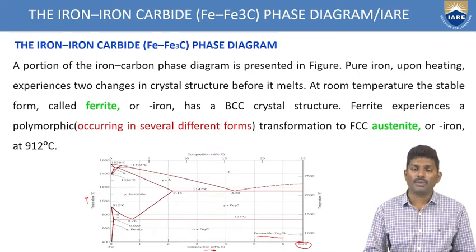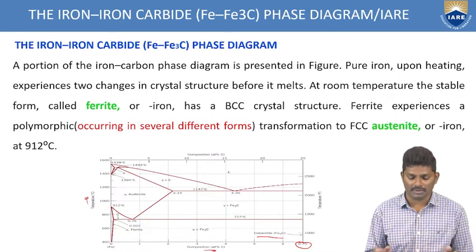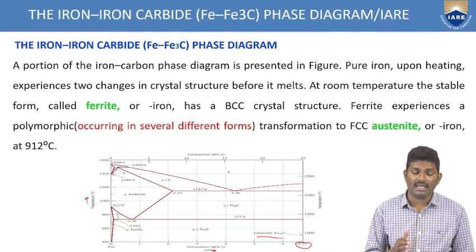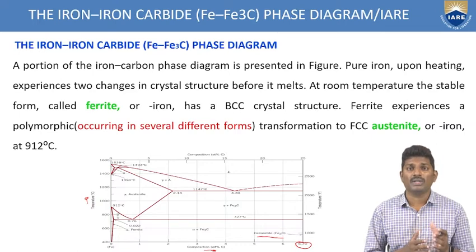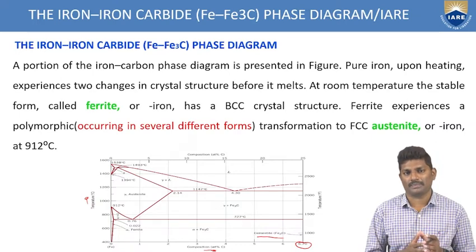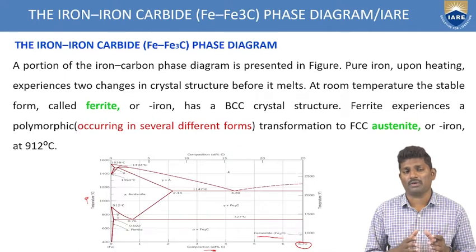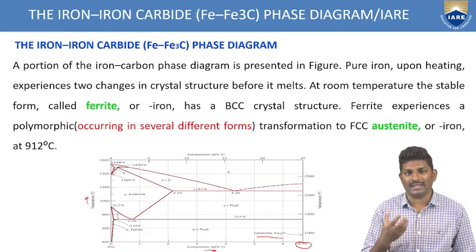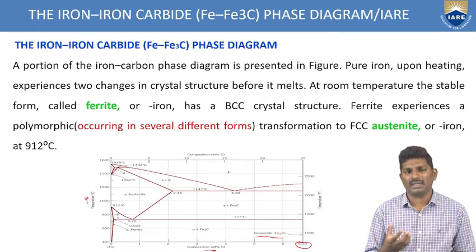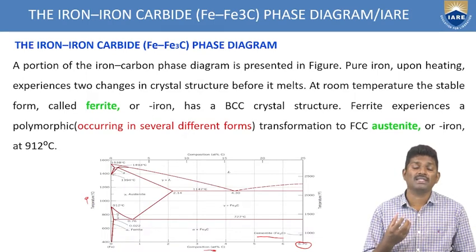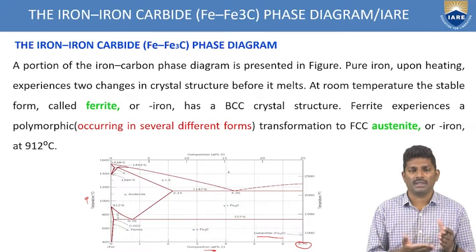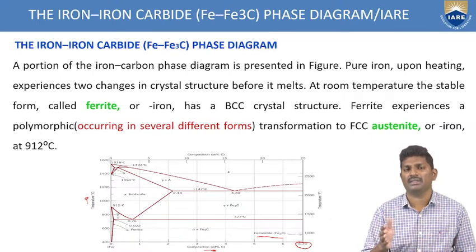Now, in this phase diagram, you see pure iron upon heating experiences two changes in the crystal structure. This is the difference in any type of composition that we have. Any pure iron, if you heat, experiences two changes in the crystal structure. That means, suppose it is in BCC, once you heat, it changes to FCC.